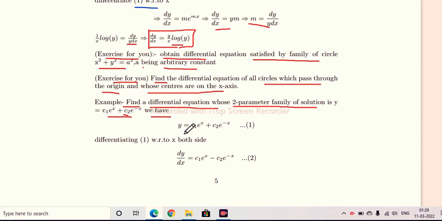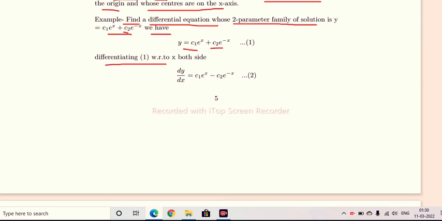Since we have y equal to c1 e to the power x plus c2 e to the power minus x, now differentiating with respect to x on both sides, dy by dx equal to c1 times e to the power x minus c2 times e to the power minus x. Say this is equation 2.